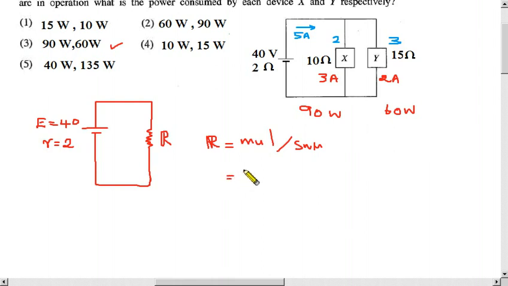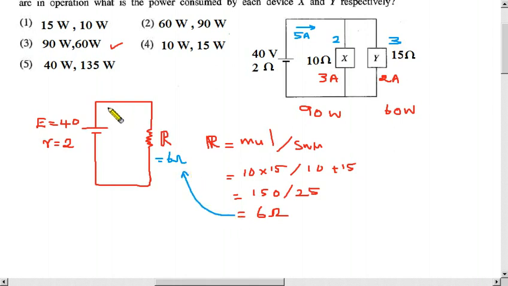So 10 times 15 divided by 10 plus 15. 150 divided by 25. Then 6 ohm. Now we know the value of this one is 6 ohm. Now what do we have to do to find out the current?